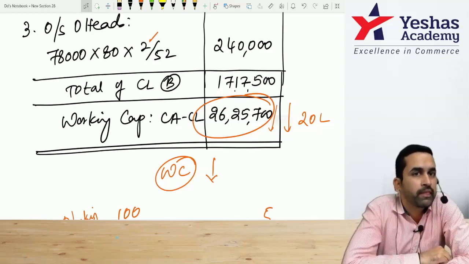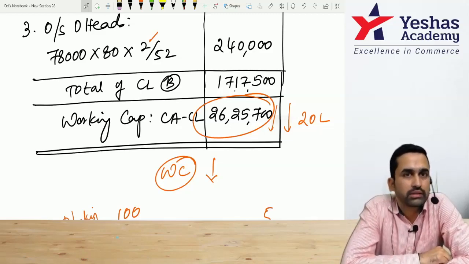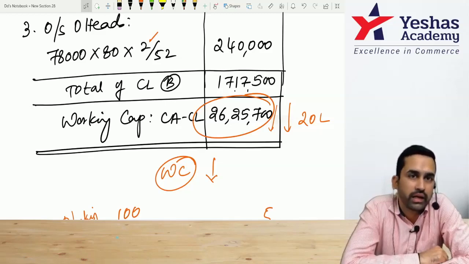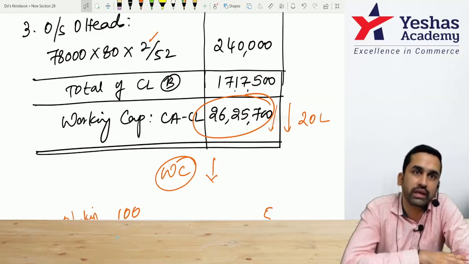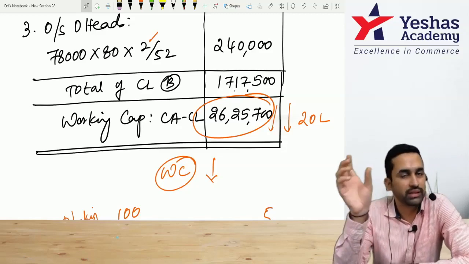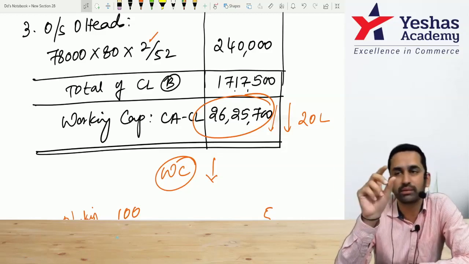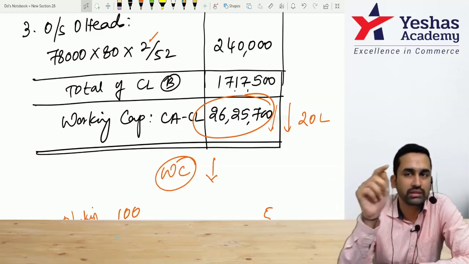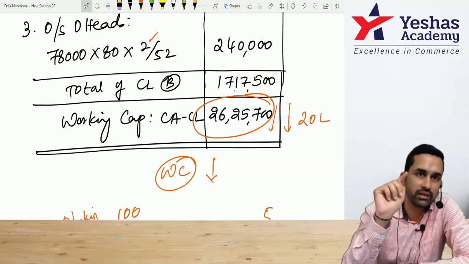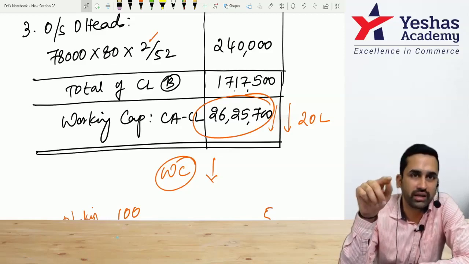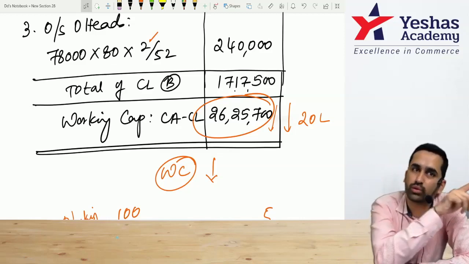If we try to decrease, it will come down, but it should never come down to 1 is to 1. It can be more. That is why 2 is to 1 is considered ideal. That means you need to have more. Don't understand 2 is to 1 as always double money. It should be more than your current liability, but more shouldn't be too much.